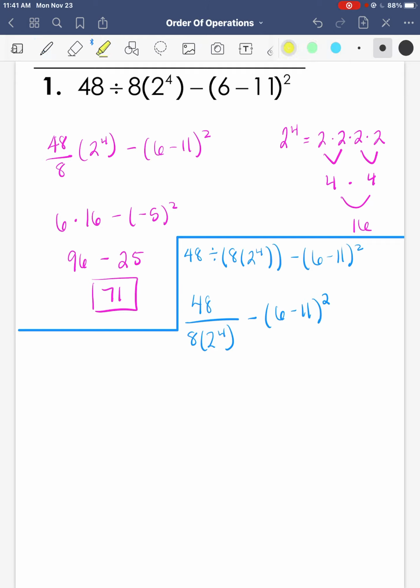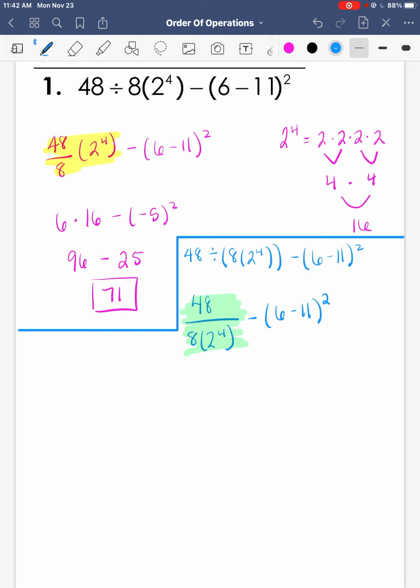So up here, this is one setup. And then right here is another setup. Okay? You see how without the parentheses, the 2 to the fourth is in the numerator. But with the parentheses, the 2 to the fourth is in the denominator. That plays a very critical role when solving problems, and especially dealing with order of operation.